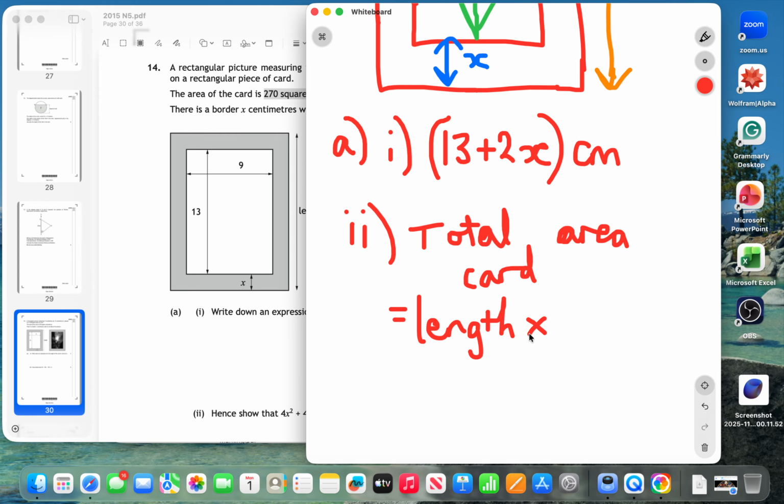So the length we found in the first part is 13 plus 2x, and the width, remember, includes the border, so that's 13 plus 2x, all being multiplied by 9 plus 2x.